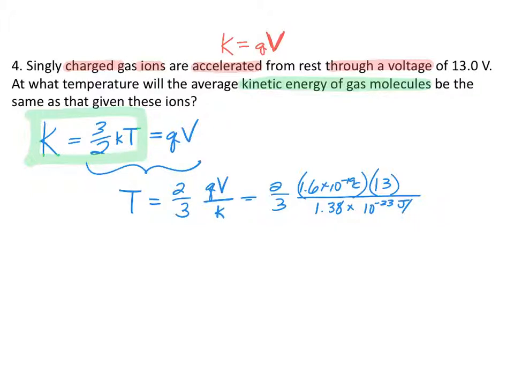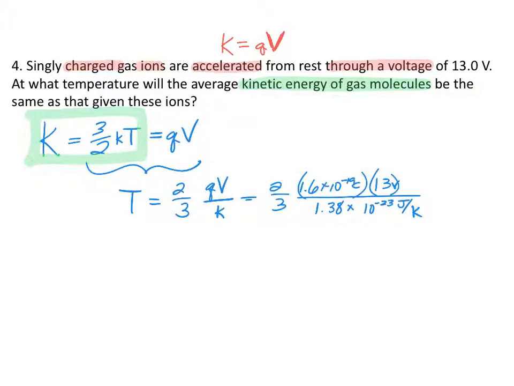So notice that 13 volts over some number of joules per coulomb, that's just a 1, all right? Anyways, here's our temperature. I'm sorry, not joules per coulomb. That's joules per Kelvin. That was 13 volts. All right.